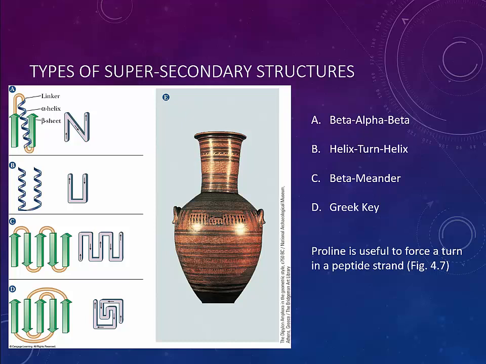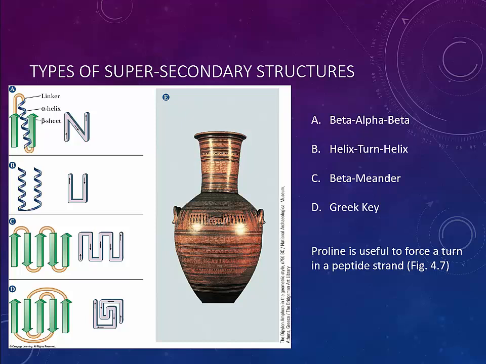The beta-alpha-beta, where an alpha helix acts as a linker for two parallel, as opposed to anti-parallel, beta strands. The helix-turn-helix, where an unstructured span of amino acids, sometimes containing a proline or maybe just a random coil, allows a sharp turn between two alpha helices so that the helices are anti-parallel.